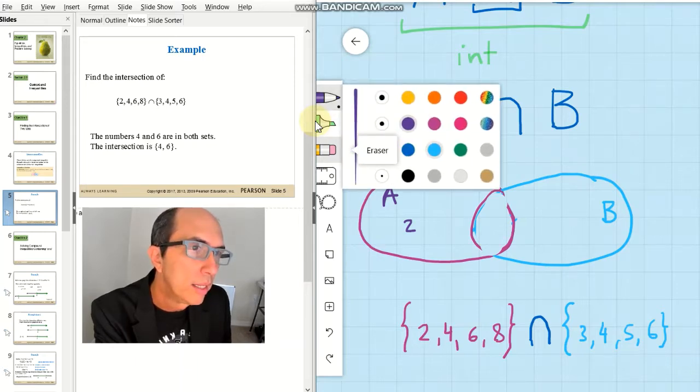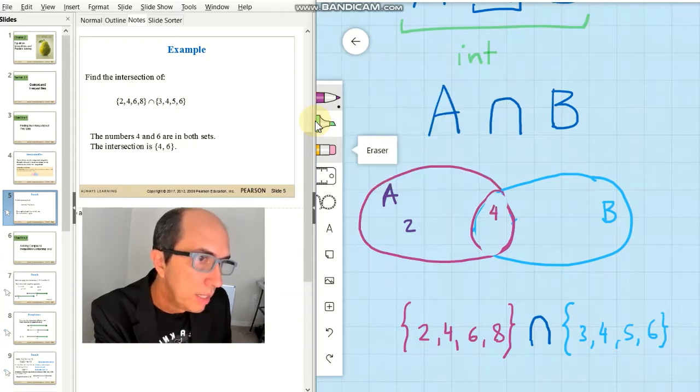So you can write number 4 here in the middle, in this area that belongs to both sets. Number 6 also belongs to set A and set B. So number 6 is here. Number 8 belongs only to set A.